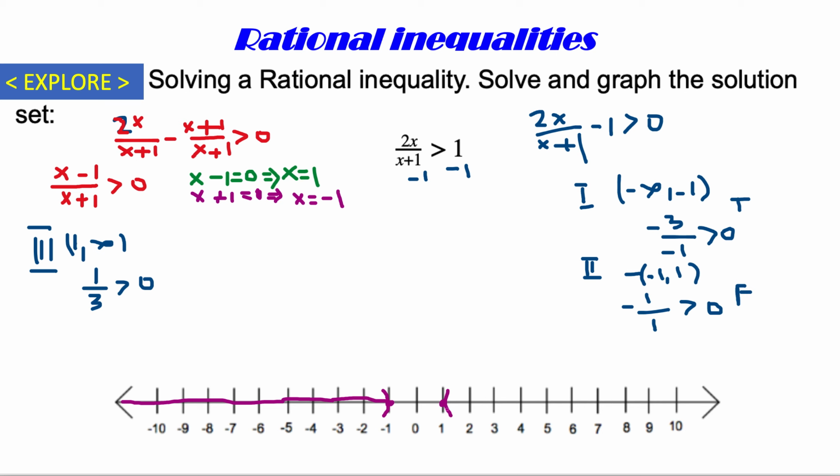And 1 is not a part of the solution, so the endpoint of this open interval is not a solution of this inequality.